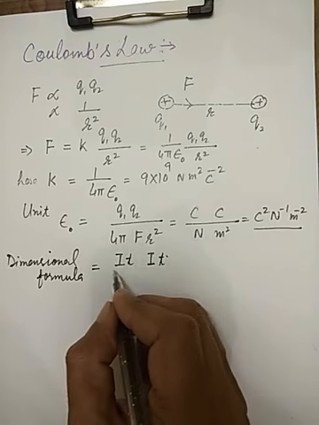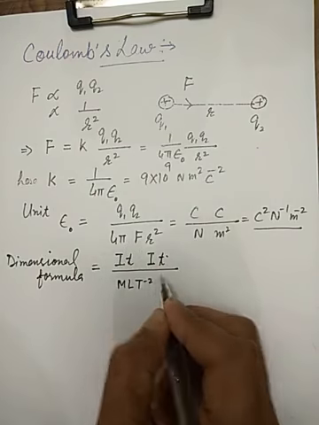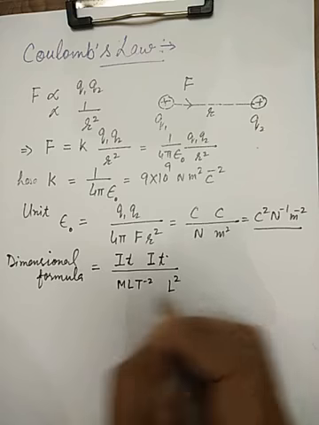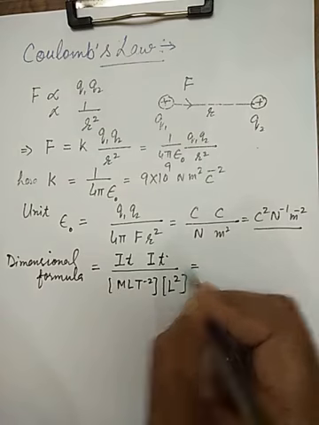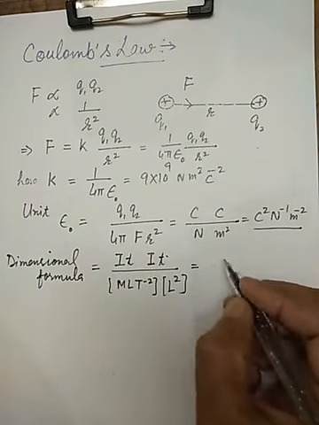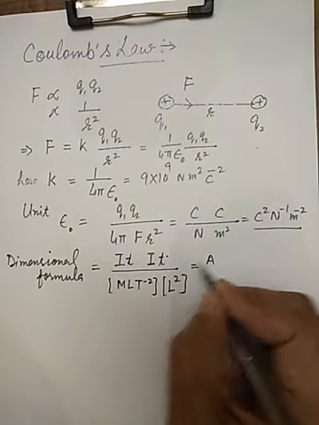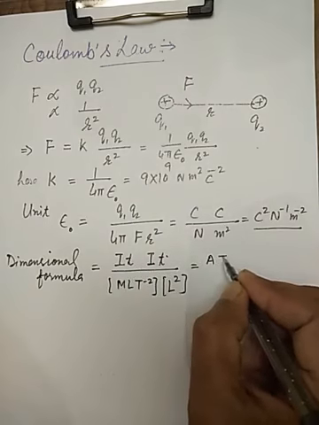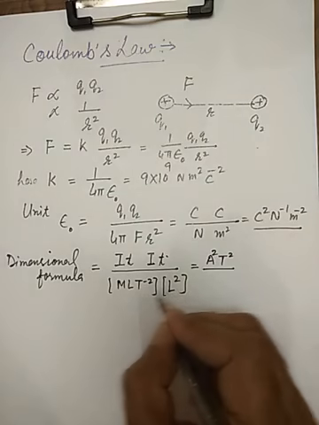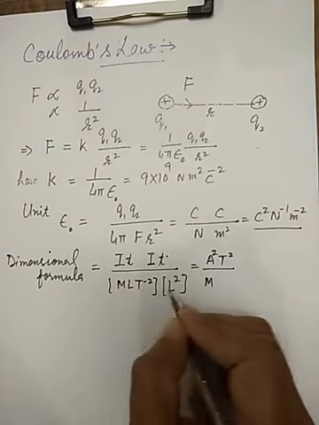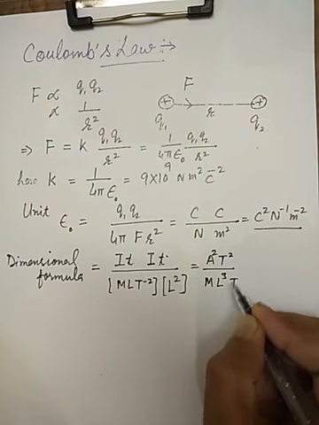Force has dimensional formula M L T to the power minus 2, distance is L square, current has dimensional formula A, ampere, and time has T, so it is equal to A square T square over M L cube T minus 2.